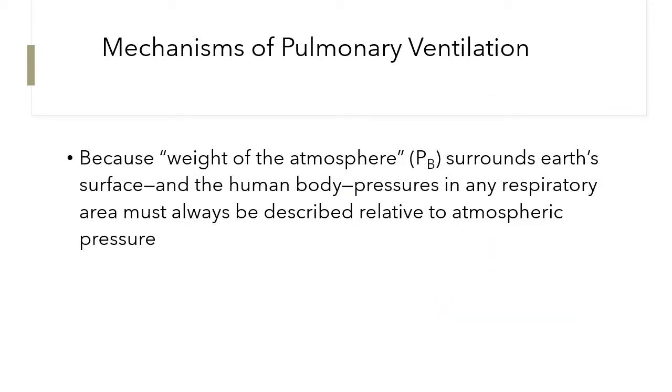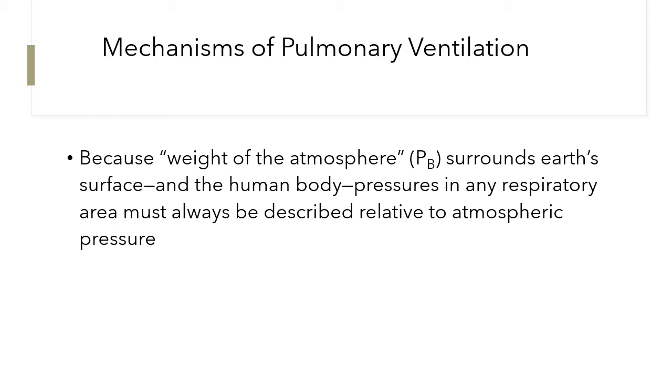So, because weight of the atmosphere, P sub B, surrounds the Earth's surface and the human body, pressures in any respiratory area always are described as relative to atmospheric pressure. So if you're in Seattle, like I am, it's 760 torr. I'm at sea level.